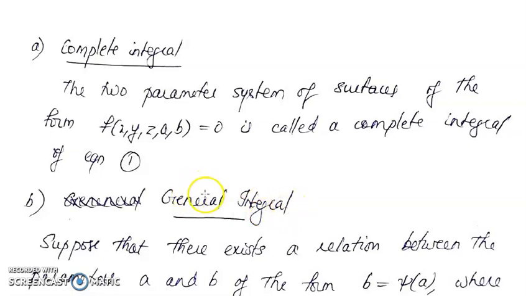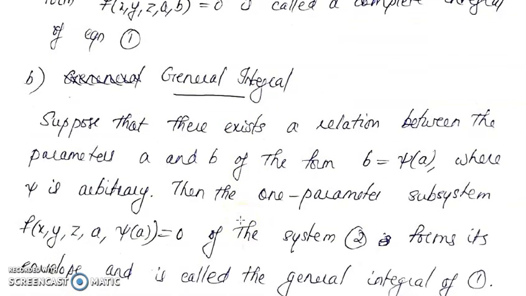Now the second type of solution is called the general integral. The general integral is obtained when there is a relation of the form b equal to psi of a between the parameters. So f of x, y, z, a, b equal to 0 is the complete integral. If a relation exists between a and b, the entire equation can be put in terms of x, y, z and a.